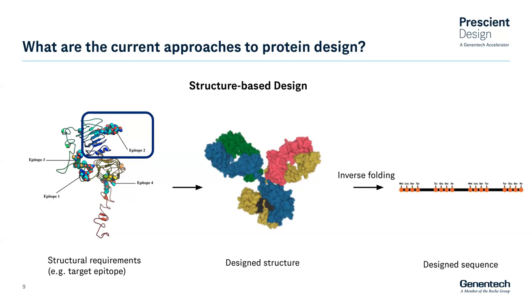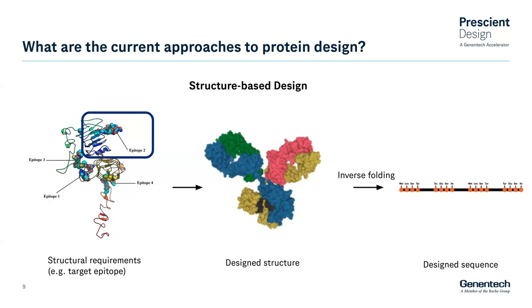Broadly speaking, the way this workflow works is you specify your requirements in a structural fashion. So you say, perhaps I want a binding interface that's complementary to this particular epitope. Or you say, I want a structure that has this particular notion of symmetry or stability.